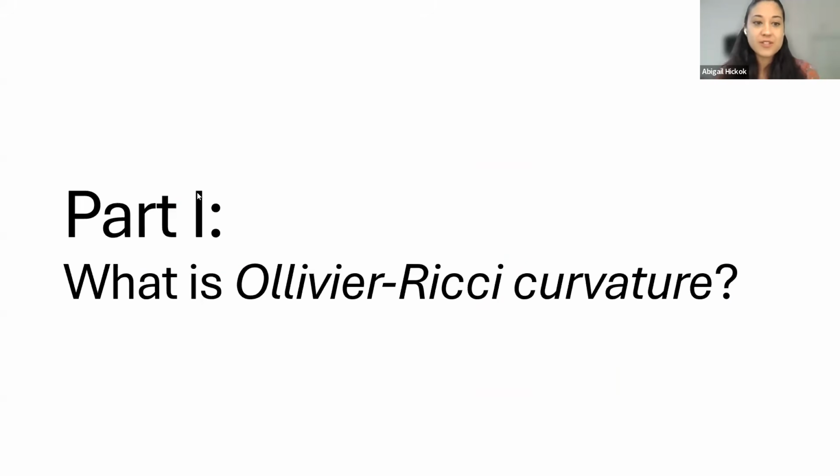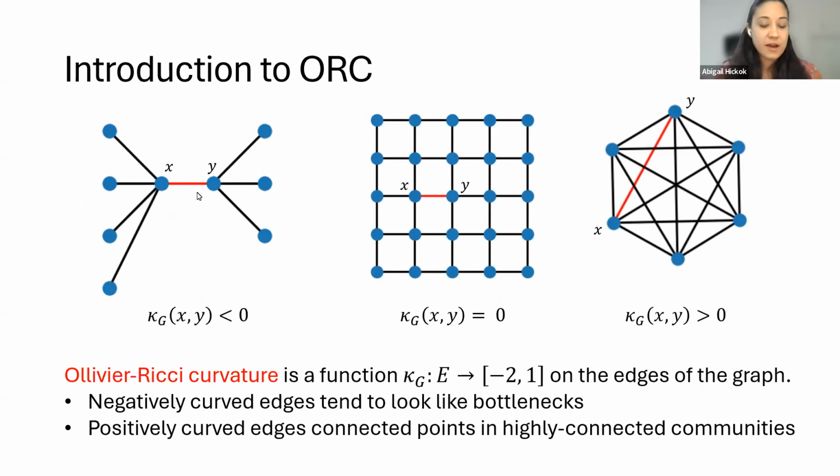So in part one of this talk, I'm going to define and give you some intuition for what Ollivier-Ricci curvature is. Ollivier-Ricci curvature, and discrete curvature in general, is a function on the edges of a graph that assigns a curvature value to every edge in your graph. In this case, Ollivier-Ricci curvature takes values within -2 to 1.